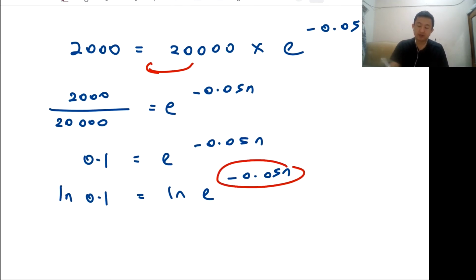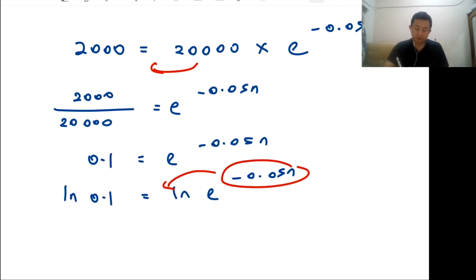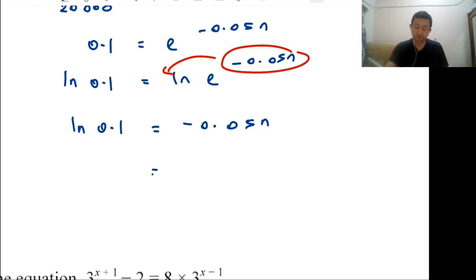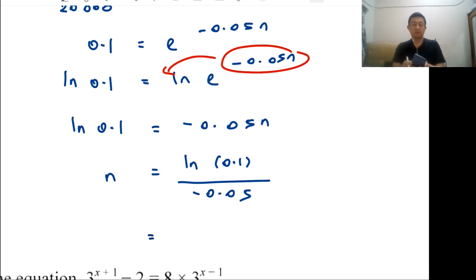You can bring it down. To find n, 46.05.